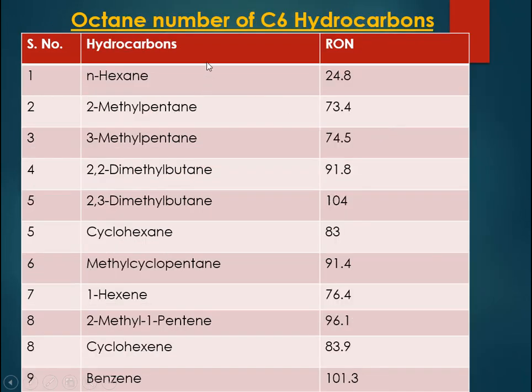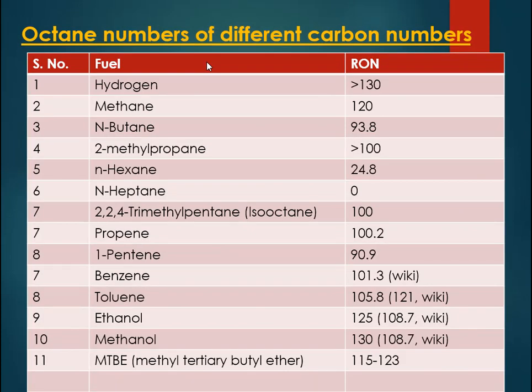So the purpose of this table is that I wanted to convey that we cannot compare two different groups of molecules with respect to octane number for different carbon numbers. For example, if you say that aromatics have high octane number compared to paraffins, and based on that you think that methane has higher octane number than benzene, then you are wrong, because that statement will be only valid for a fixed carbon number.